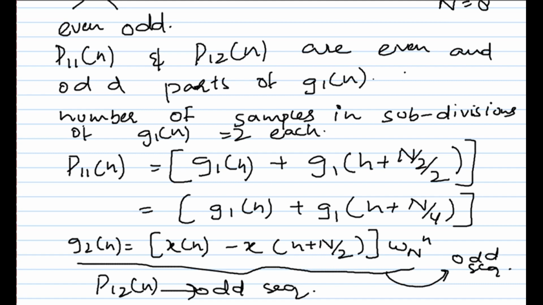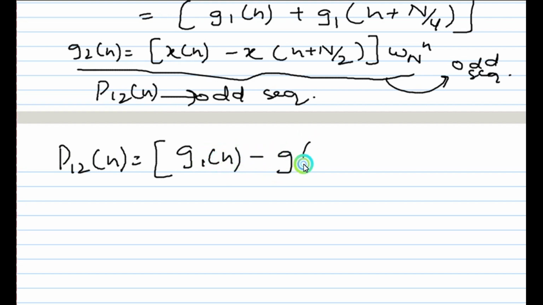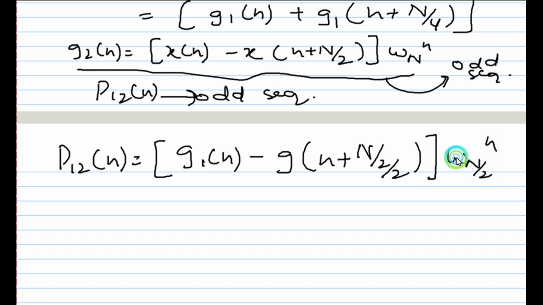So let's go to the next page. I can write p12 of n as, instead of x of n as in case of g2 of n, derived from g1 of n: g1 of n minus g1 of n plus N by 4, whole multiplied by W_{N by 2}. If we compare, in g2 of n, an odd sequence subdivision of x of n, x of n is written.